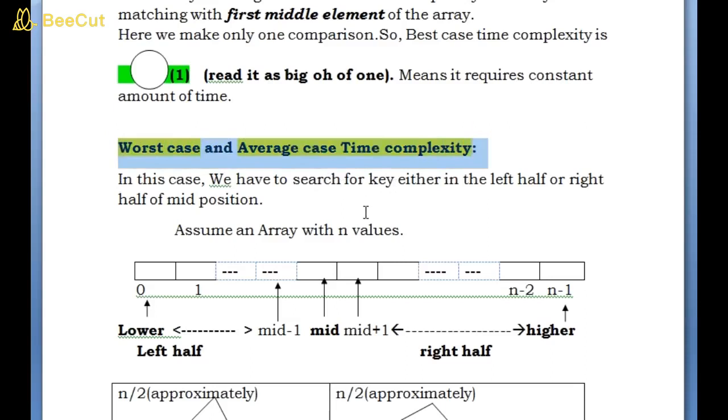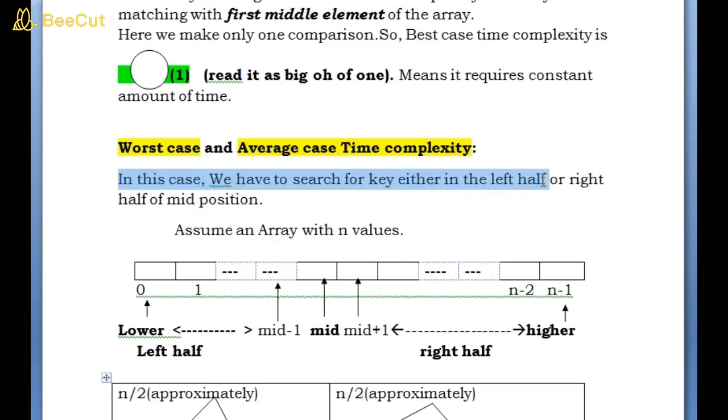In both cases we do the same process. That's why in both worst case and average case the time complexity is the same. In both cases we have to search for the key either in the left side of mid or the right side of the mid position.